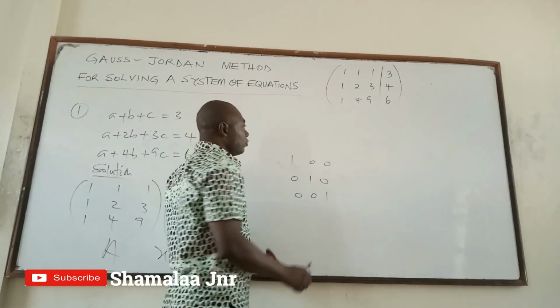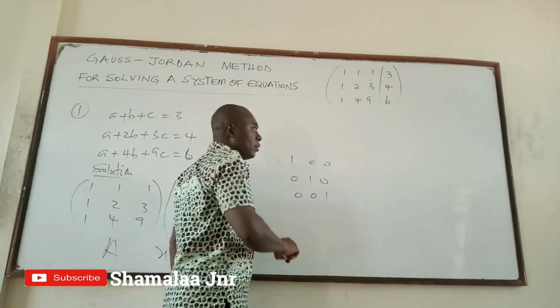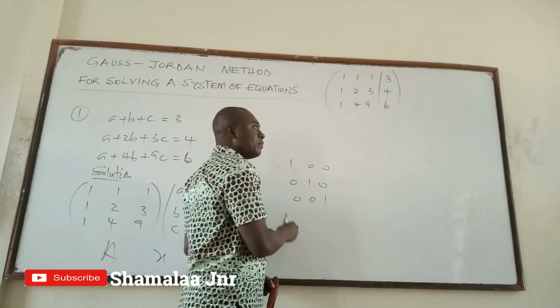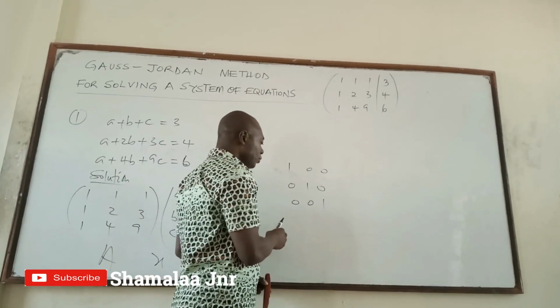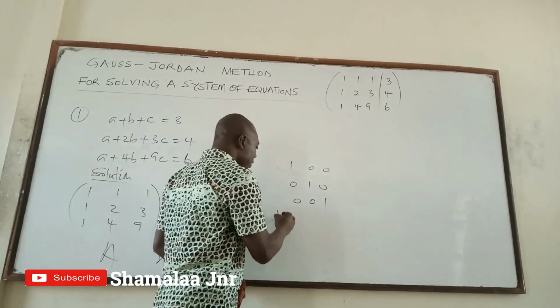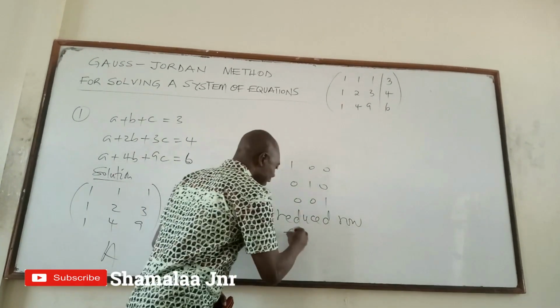Now, if you're able to transform the left hand side into the identity matrix, what we also say is that the left hand side has been transformed into reduced row echelon form.